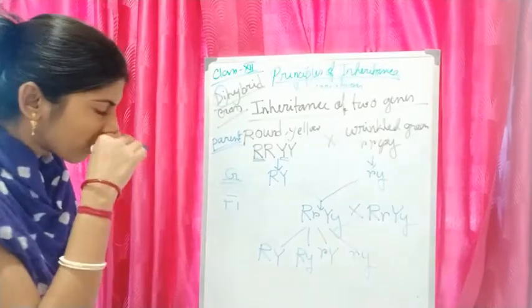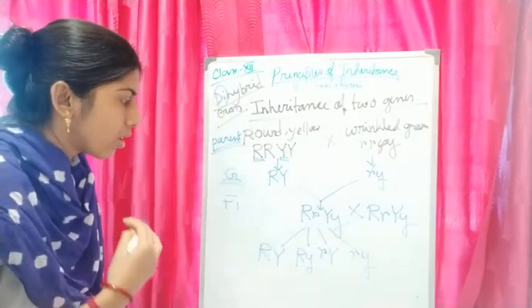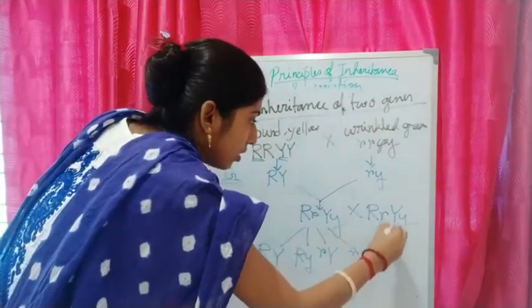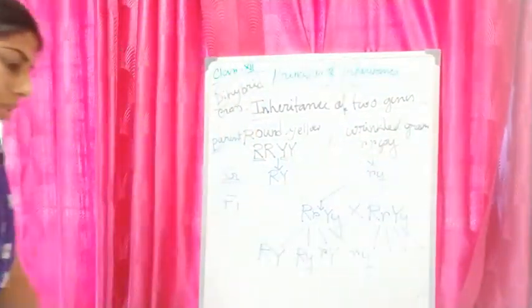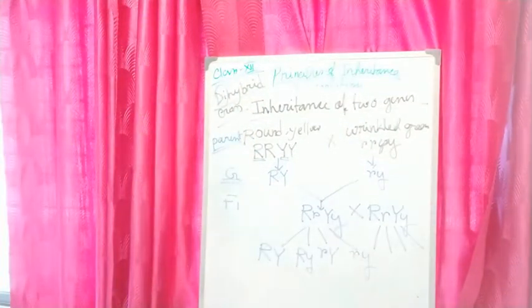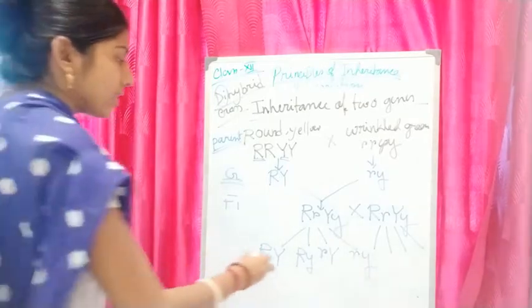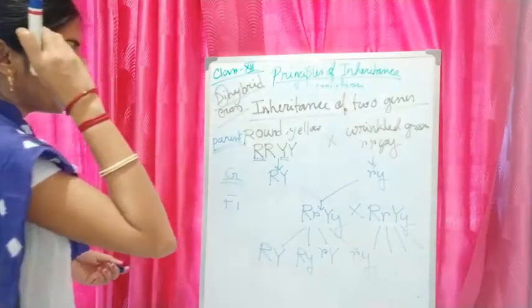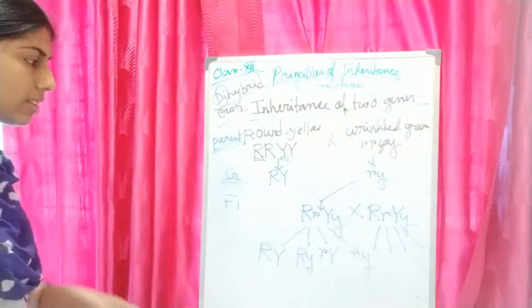So these are the four possible combinations of gametes that can be formed from this, and from the other one the same will be produced. Okay, now we have to find out the F2 generation. As the number of gametes is quite large, we will do it directly in the checkerboard.